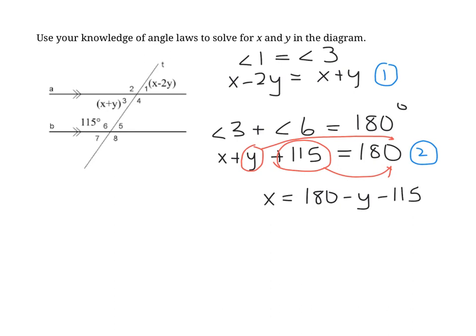And then I can collect like terms, and I can put together the 180 and the minus 115. And if I do that, I would be left with x equals 65 minus y. So I'm going to mark this as equation number 3.